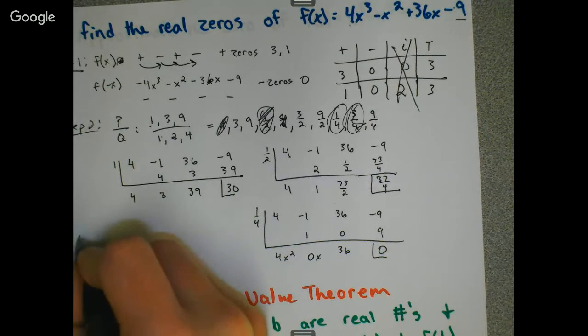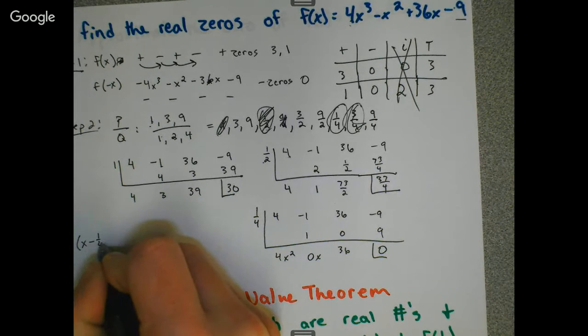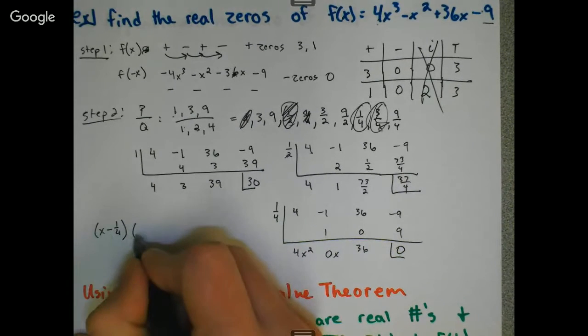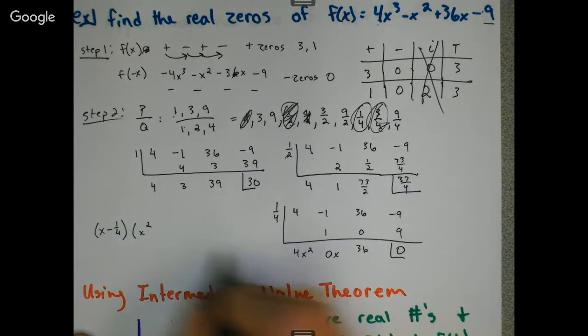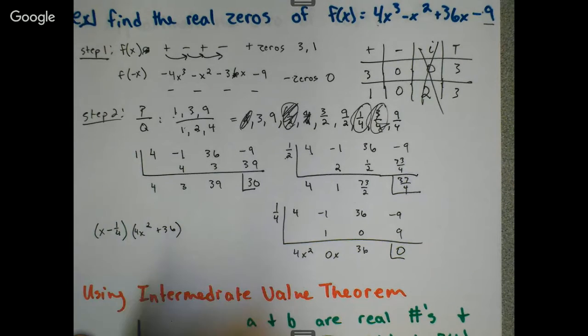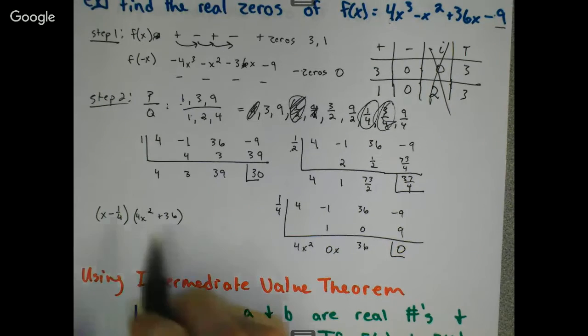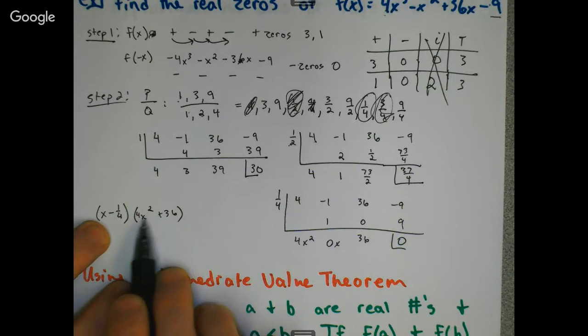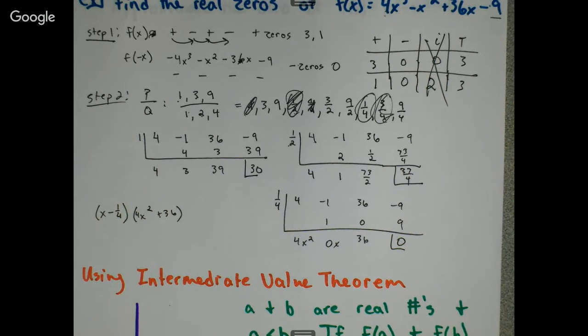So I had x minus a fourth from this one, and then 4x squared plus 36. Here, this has to be a subtraction for me to get answers from that. So this is actually the only real zero I have.